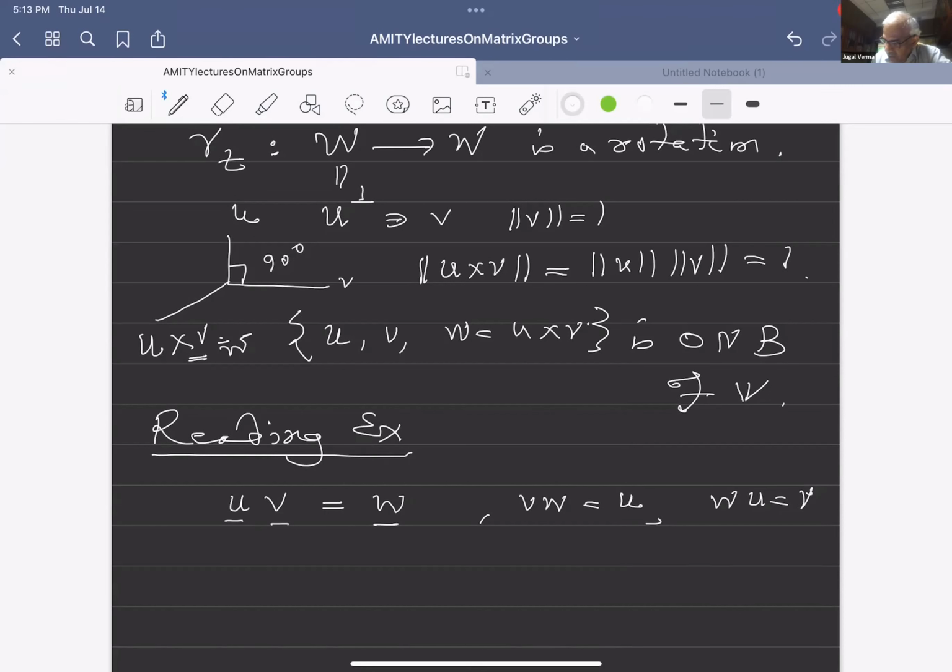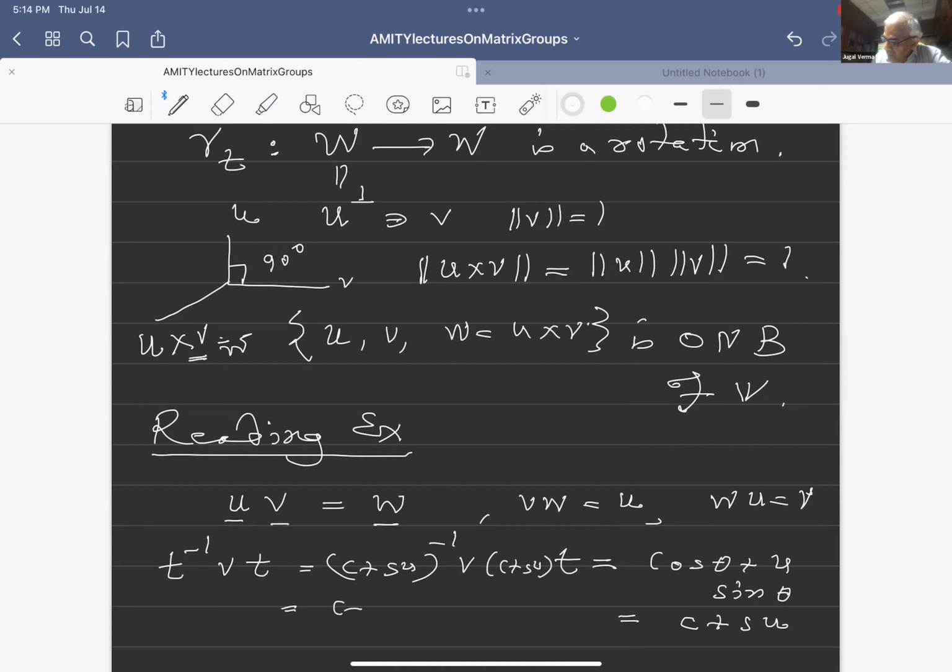Now look at T inverse V T. What is T? T is cos theta plus u sin theta. It's a unit quaternion. For ease of computation, I will write this as C plus SU. So this is C plus SU inverse, then V, then C plus SU. This is C minus SU, V, C plus SU.